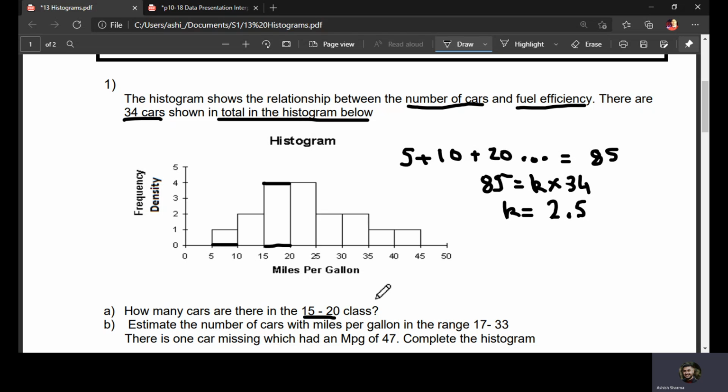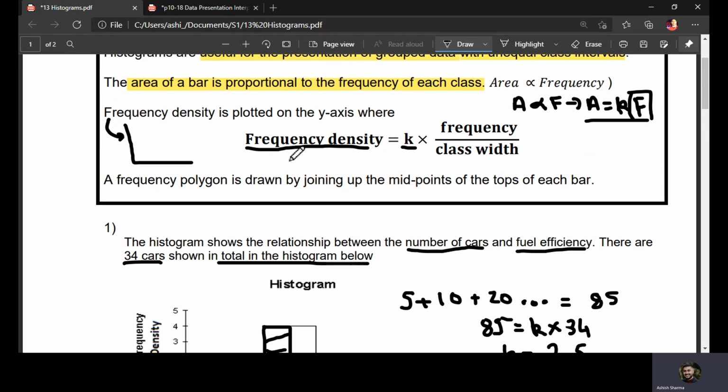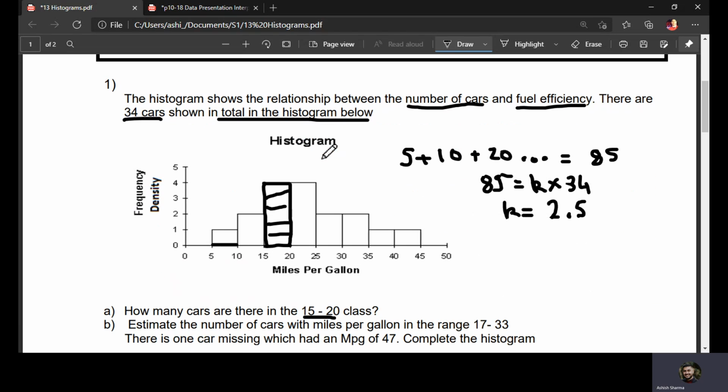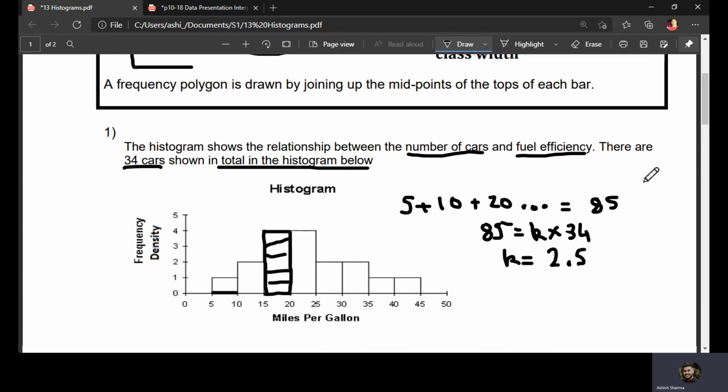Okay, how many cars are there in the 15 to 20 class? So let's just zone in on this class here. If I look at this in a bit more detail, I can use this formula again.